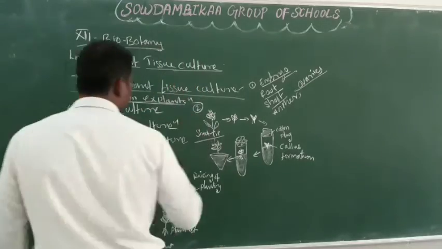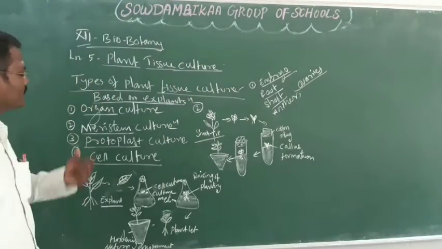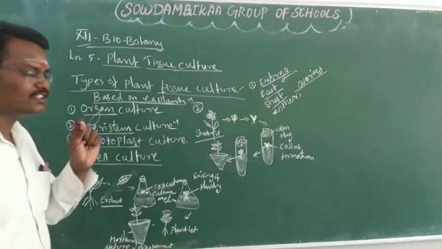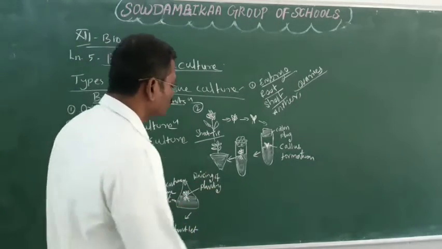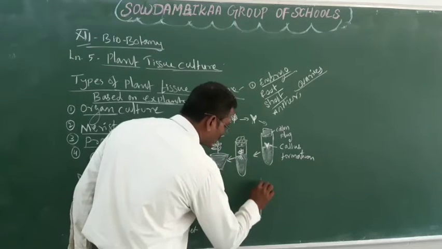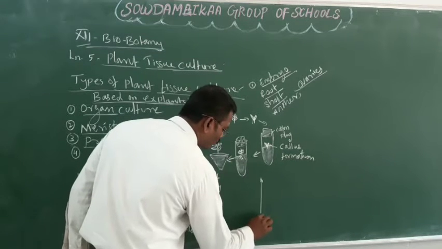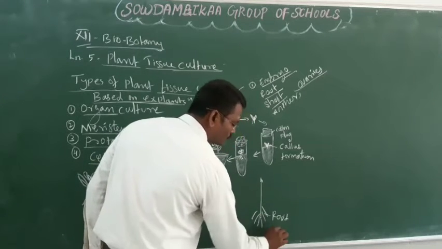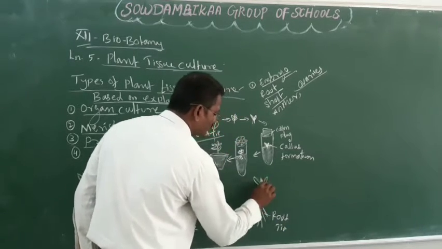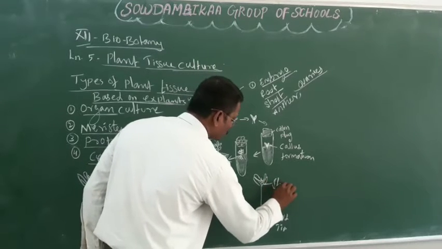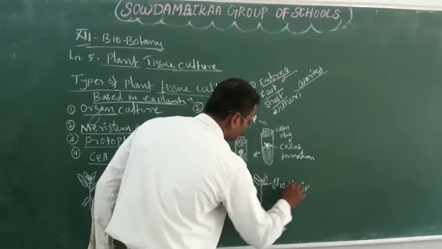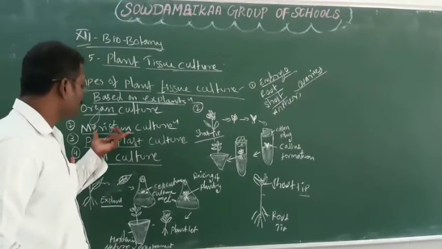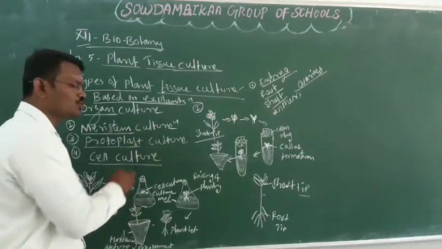Another one is meristem culture. In meristem culture we use the tip part of the plant. You know, there are two tips: the upper part and the lower part. The lower part is the root tip, and the shoot part has the shoot tip. We take the explant based on the meristem.